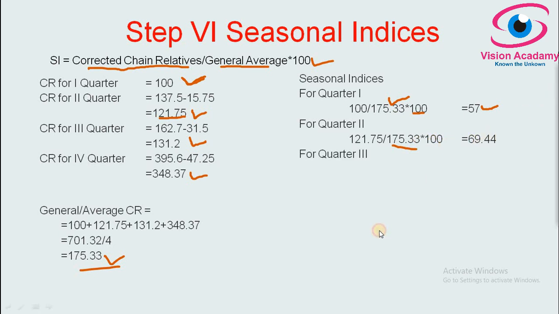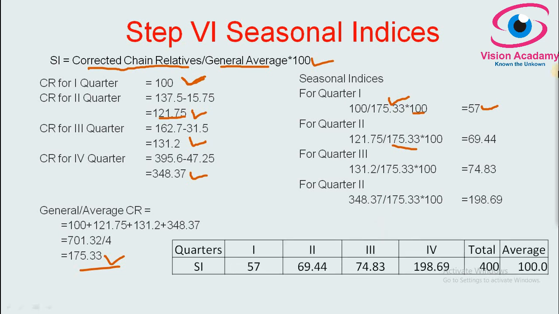We have obtained the other two quarters' seasonal indices by applying the formula in the same way. So these are the final outputs of seasonal indices for quarters 1, 2, 3, 4. When we add all the quarter seasonal indices, the total divided by 4 gives an average of 100 only. So this is a perfectly right calculation.